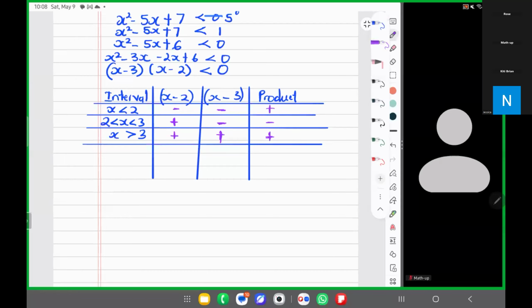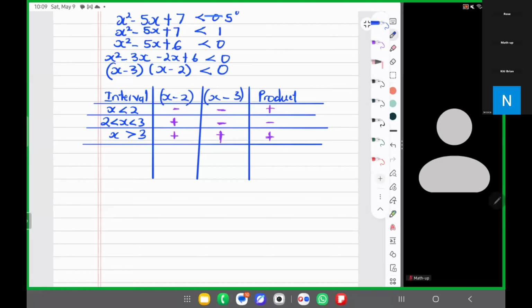But what was the condition? The condition was that the product of x minus 3 and x minus 2 must be less than 0, which means that the product is negative.